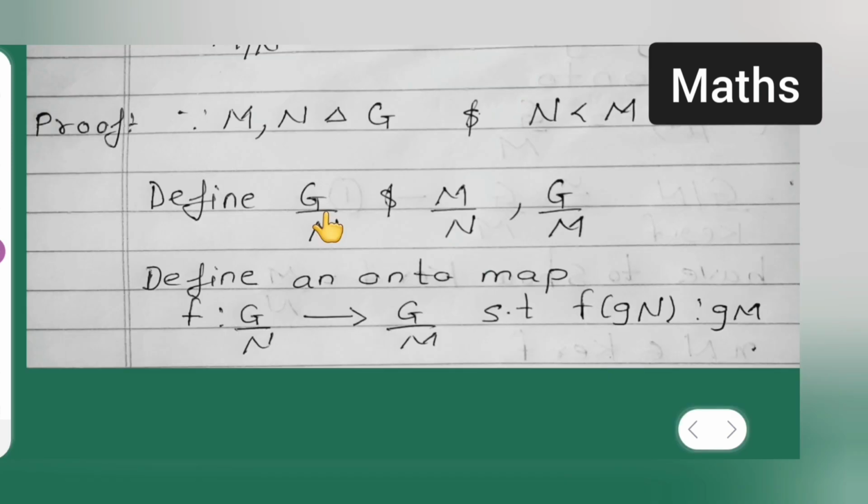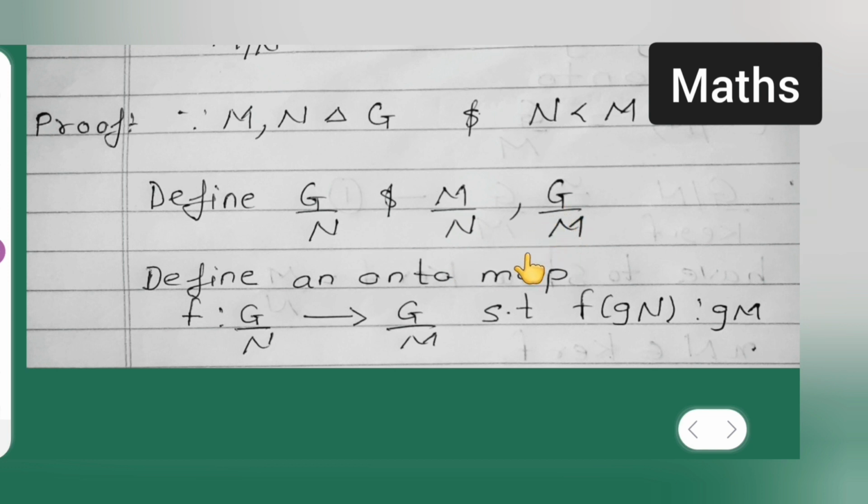So let me start with the proof. Since M and N are normal in G and N is a subgroup of M, we are going to define G/N, M/N, and G/M.